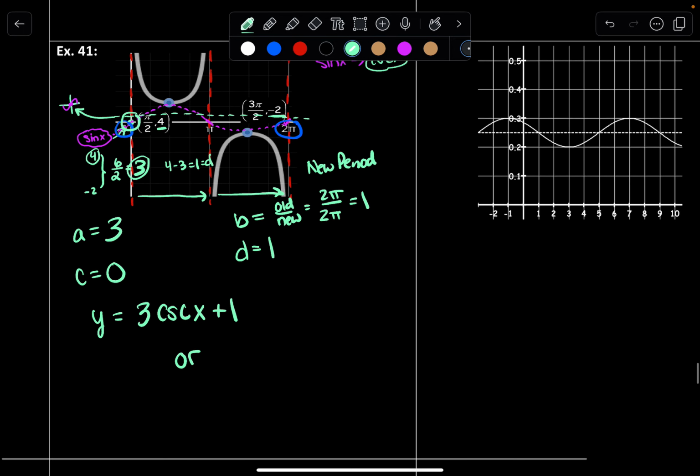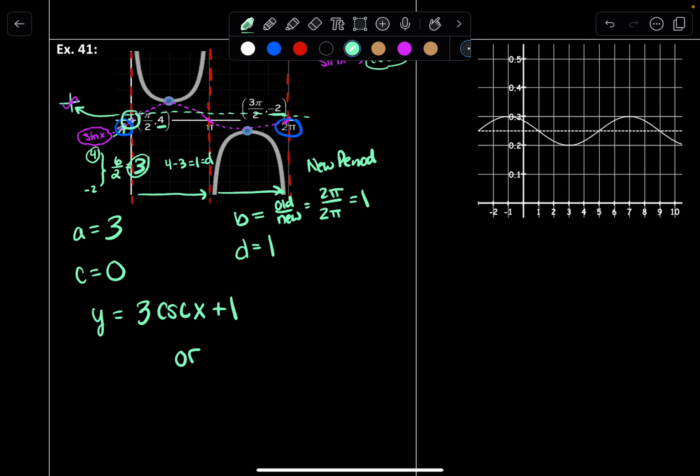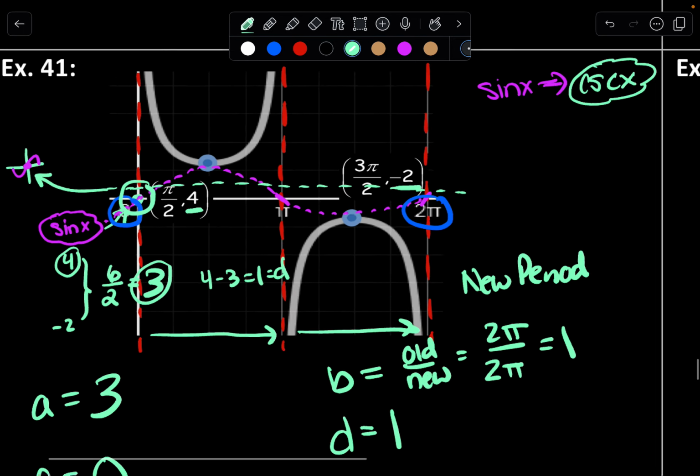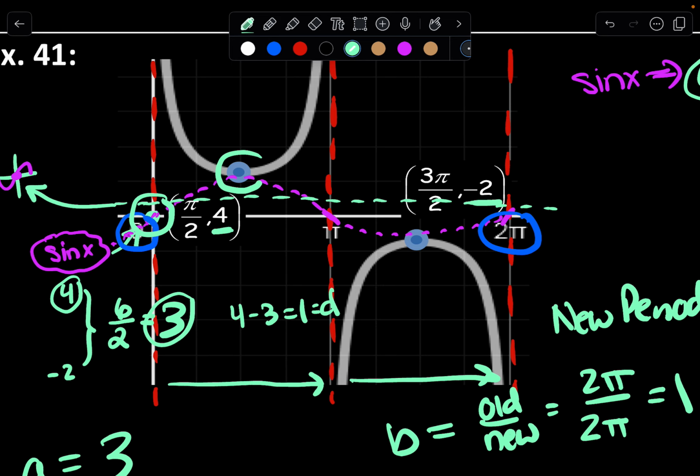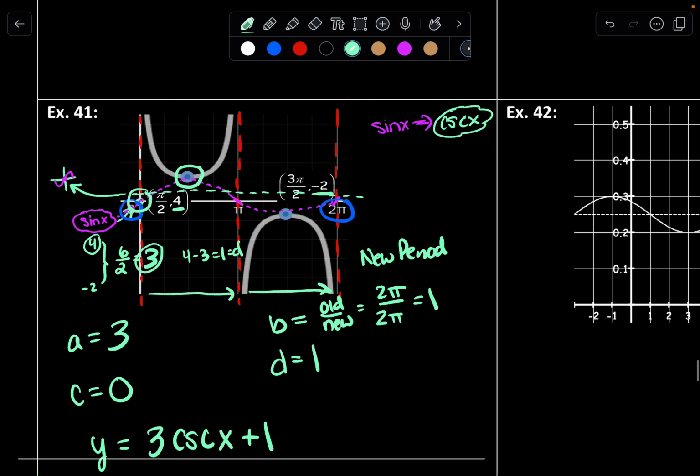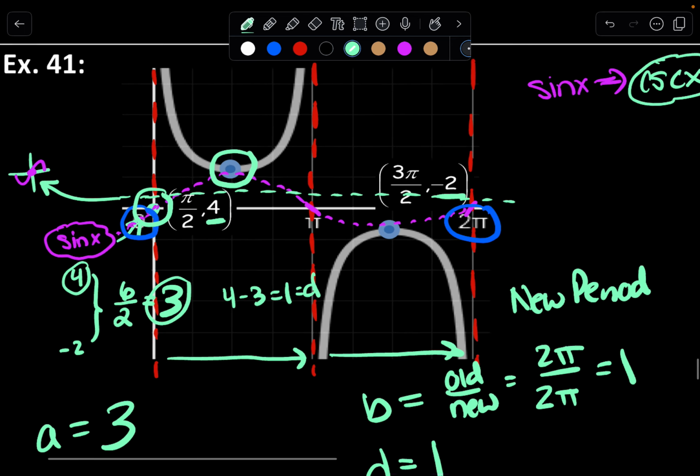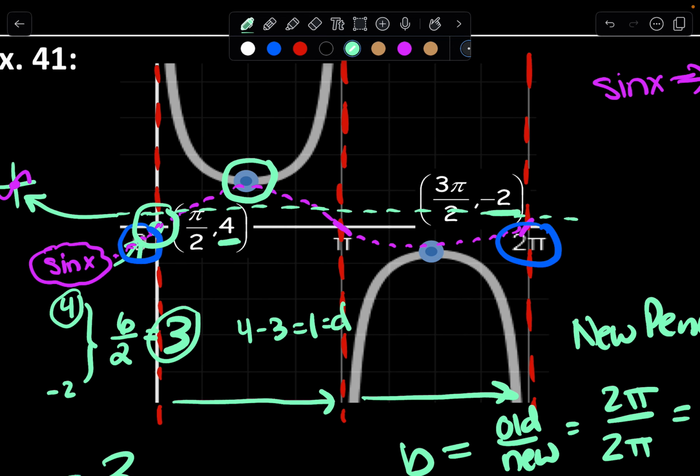Now what we used to teach is that we would always use secant for this, no matter what. We said that because this point, that minimum, is sometimes easier to remember to look for. But if you use secant for this one, you will have a phase shift, because secant means you're thinking about cosine, and cosine has a maximum on the y-axis. So we would need to see how far this moves off of the y-axis.